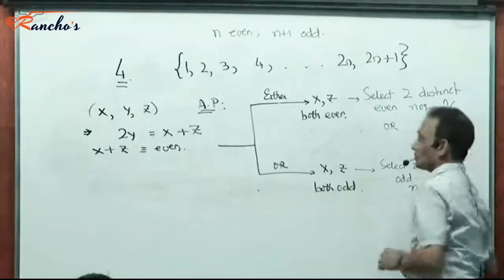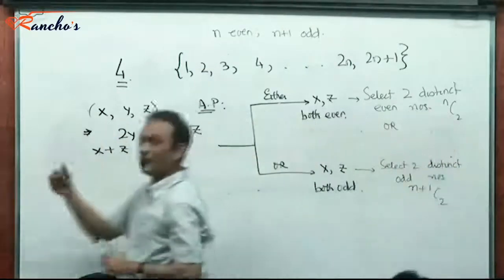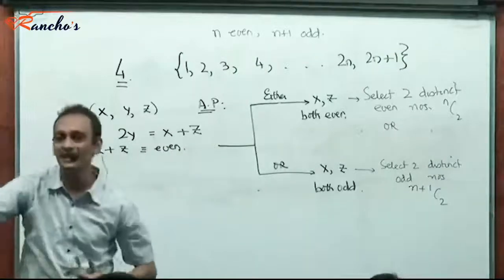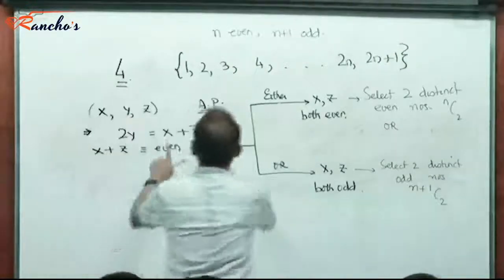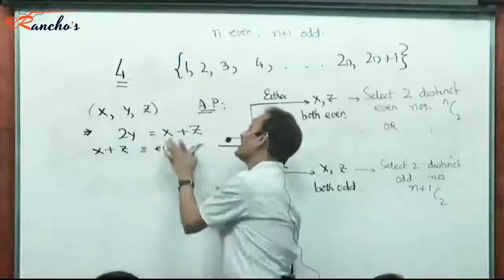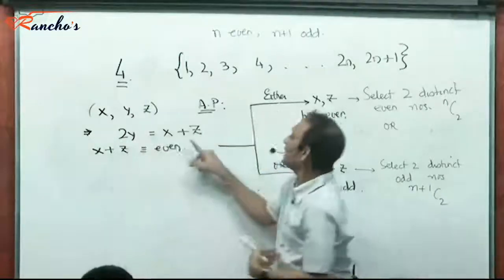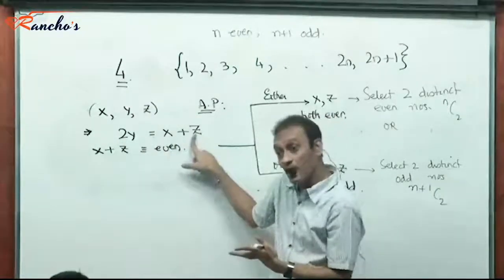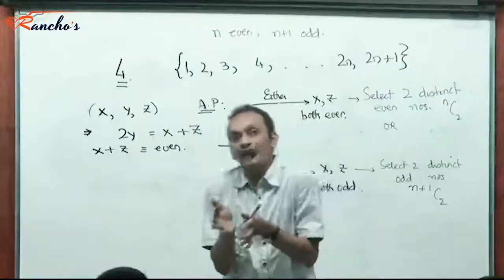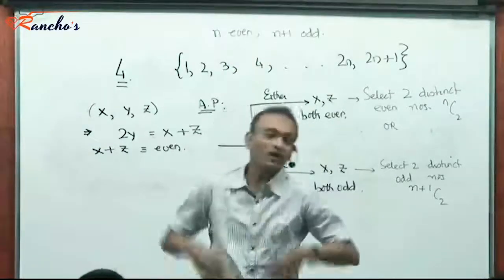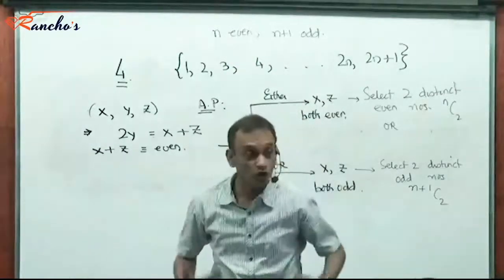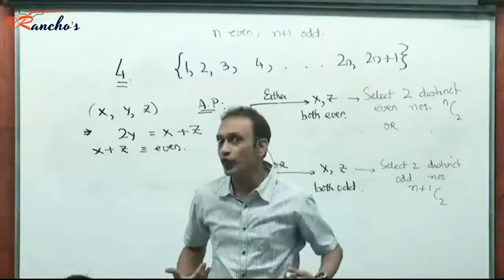That means instead of dealing with the AP, you want to deal with x and z. In how many ways could x, z be selected such that x plus z is an even number? Because every time x plus z is an even number, its middle number, which is y, is always present in that set. So you don't have to focus on selecting y.